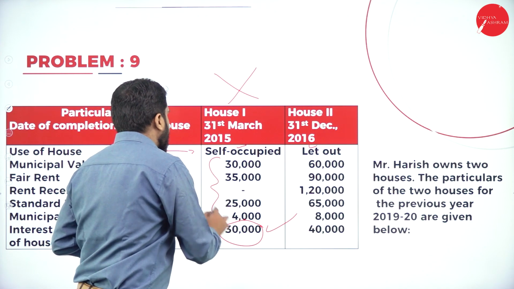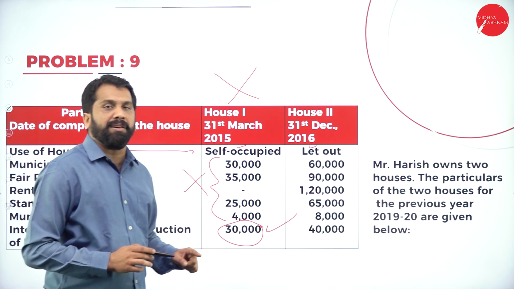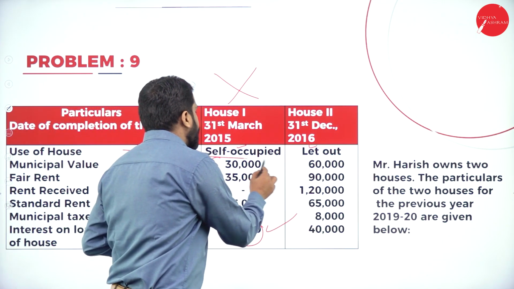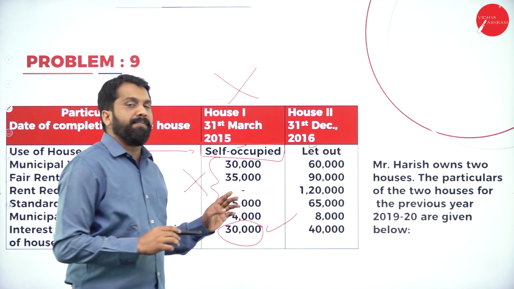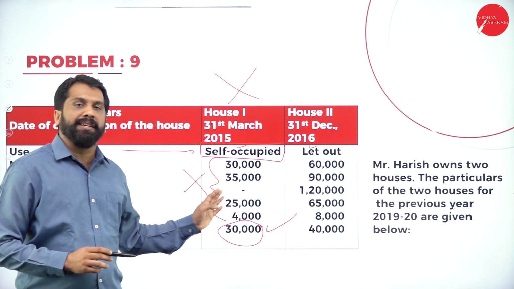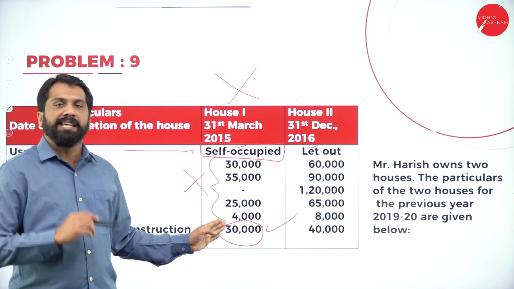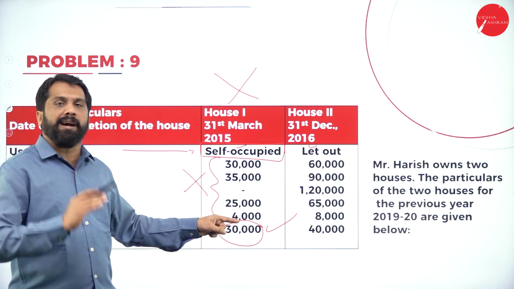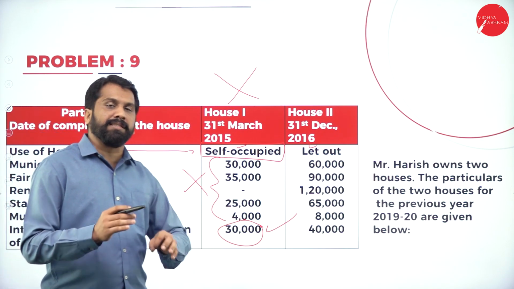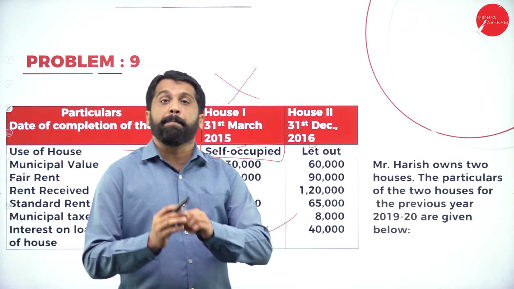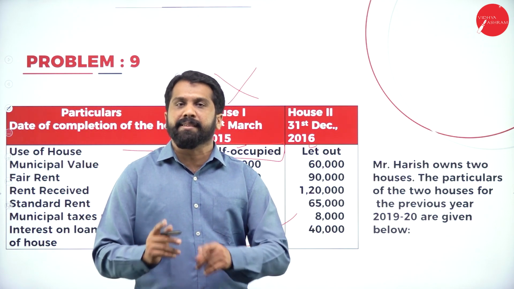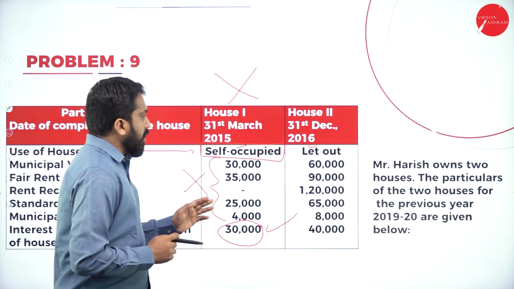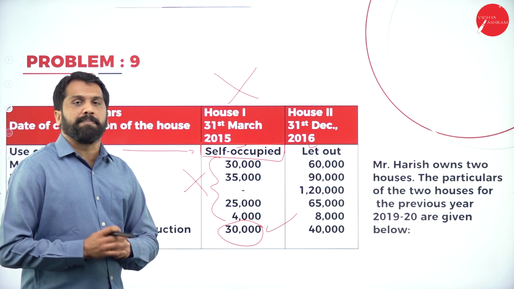These things are not required, because it is self-occupied. So it will be easy for you. Without doing anything, you will get marks for self-occupied. Clear? You are not supposed to take anything. Just consider interest paid is 30,000. So your answer is minus 30,000. That's it. Clear? Yes.